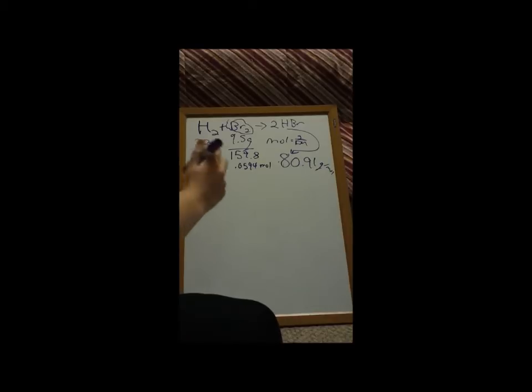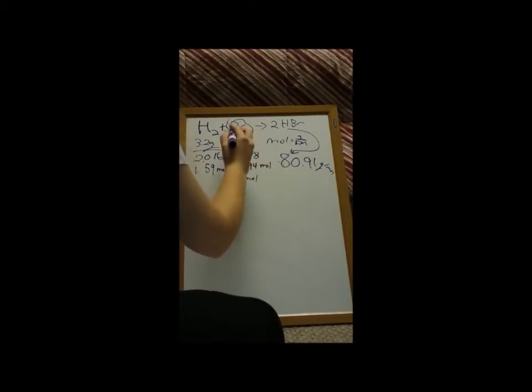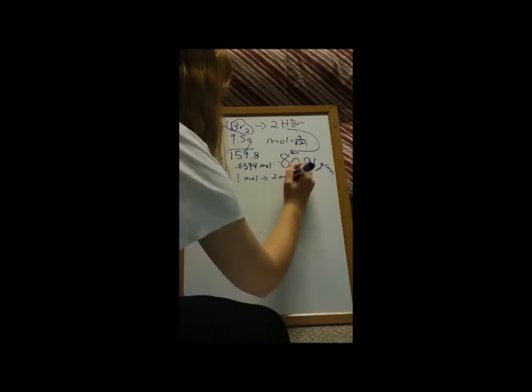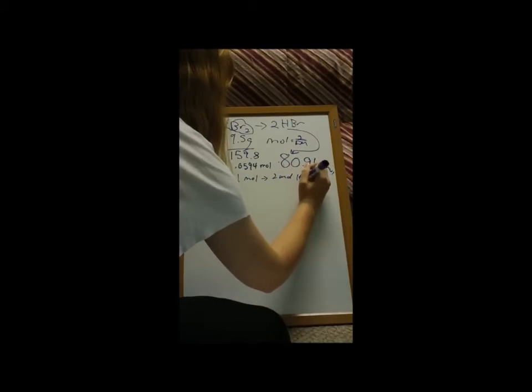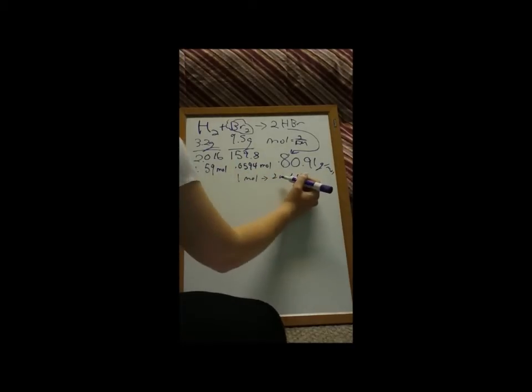So we will start with that 1 mole of Br2 produces 2 moles HBr, because we see the 2 for the moles. So we know the molar ratio: for every one of these, there are 2 of these.